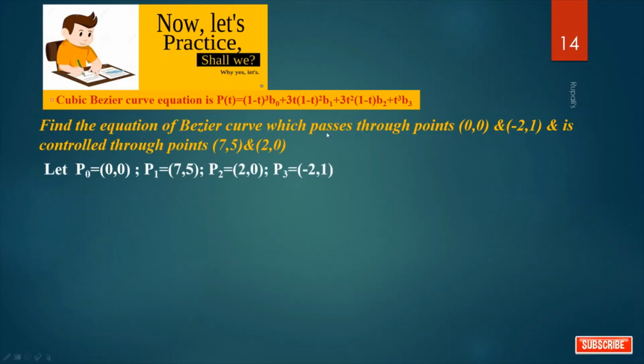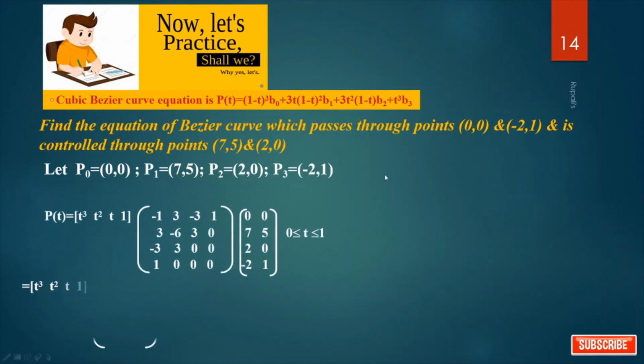What is P0? P0 is 0, 0. So this is the starting point and P3 is the last point. And control means these 2 points control the shape of the curve. So P1 is this, P2 is this, and passes through means this one is the starting point and this one is the ending point. So P0 is this, P3 is this.